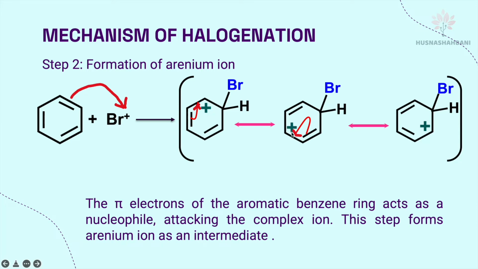So it takes the double bond from the nearest carbon, this double bond, to change position here to make this carbon stable again. So this carbon becomes stable, and the new problem is this carbon becomes positively charged. The pi electrons of the aromatic benzene ring act as a nucleophile, attacking the complex ion. This step forms arenium ion as an intermediate, so this is arenium ion.